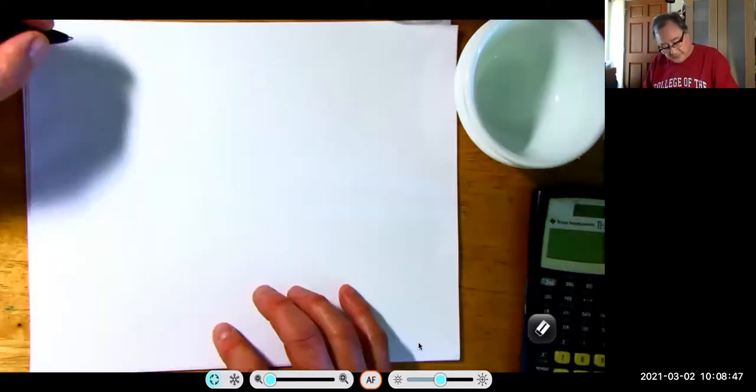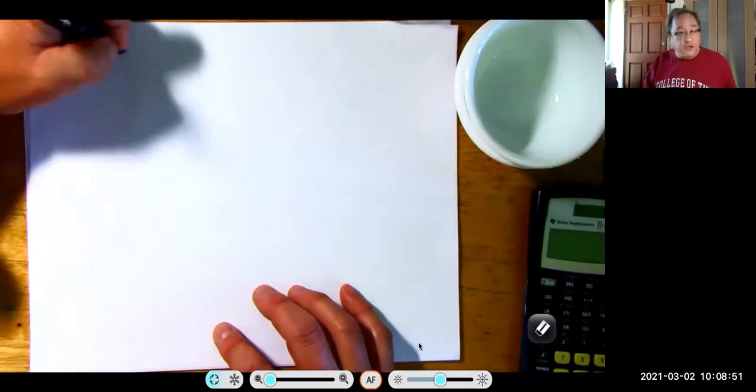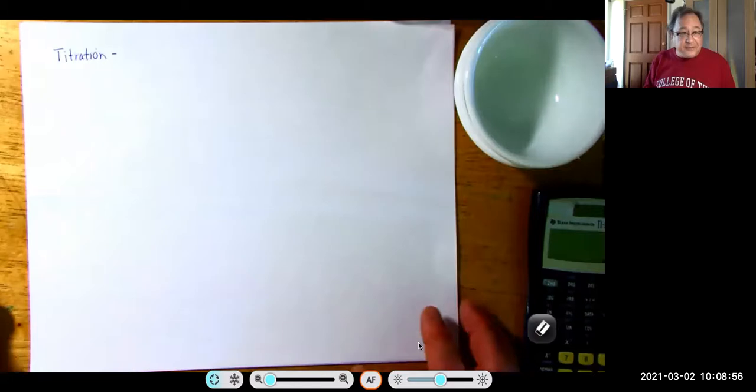So what is a titration? It's a method for determining the concentration or amount of a substance in a mixture.